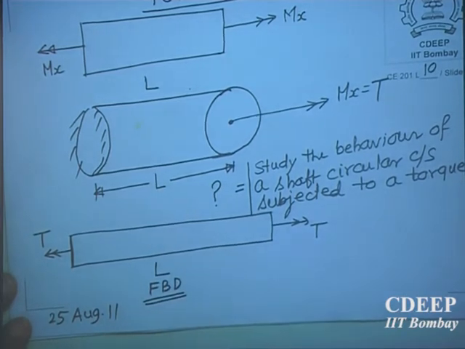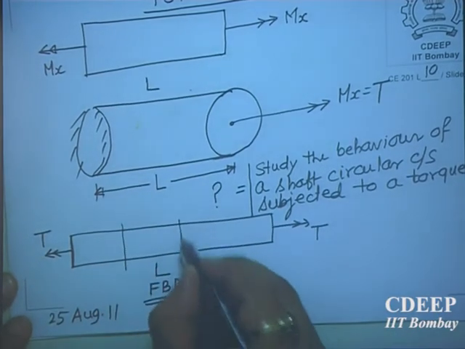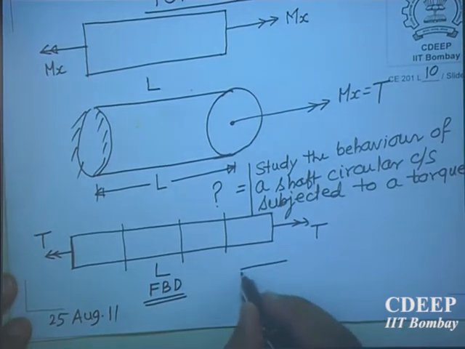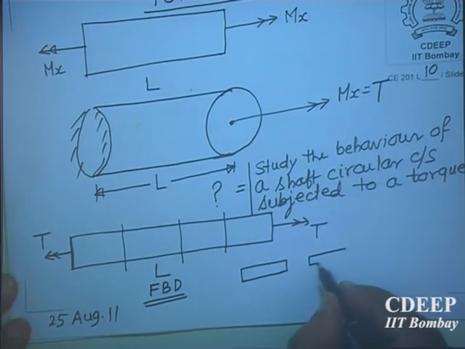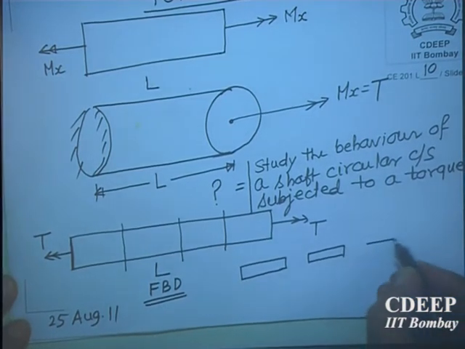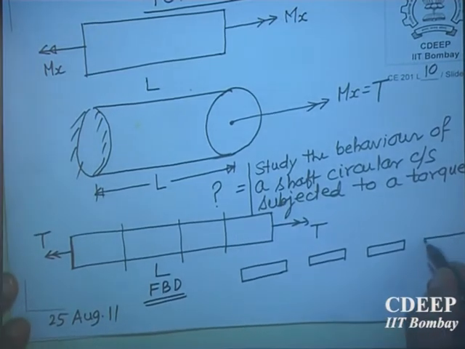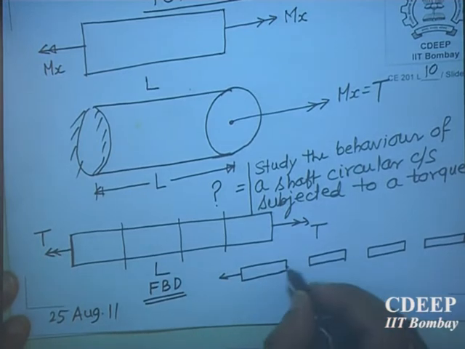If I cut this into a number of smaller elements, each of length delta x, they will be subjected to the same torque.